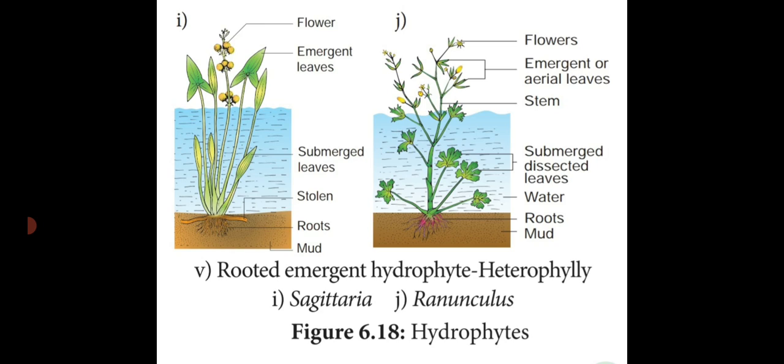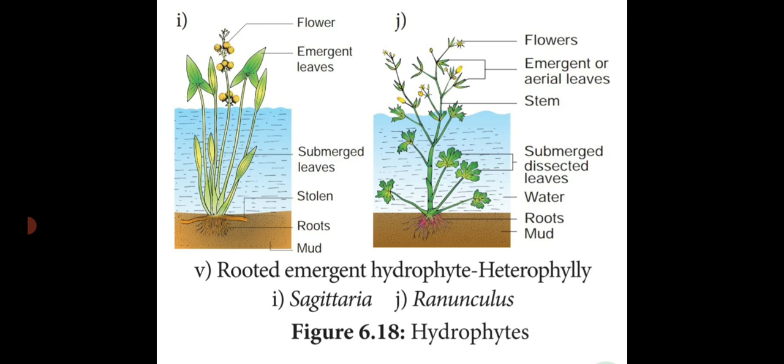Second one is also another example for rooted emergent hydrophytes. Example, Ranunculus. Here also they have two types of leaves. Submerged leaves are dissected leaves. That means they show a number of divisions, looking like our palm. Then the emergent leaves are elongated in shape, known as emergent or aerial leaves.